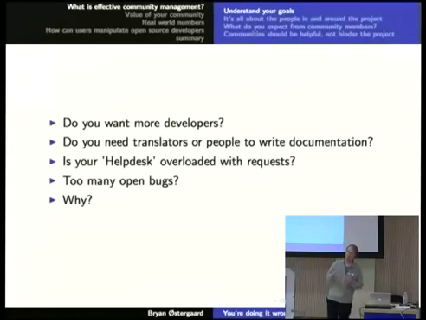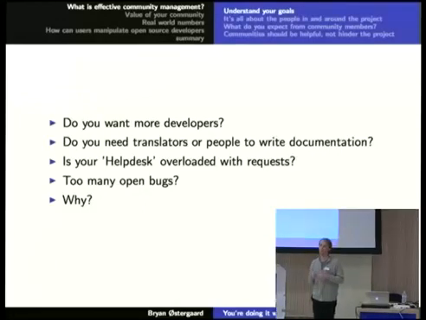So you need to think about your goals. It's your project, and you need a bit of help because which open source project couldn't use a few more hands? But you need to figure out for yourself what kind of help it is that you're looking for. You might look for translators of documentation. You might be looking for people who can help market your project better.